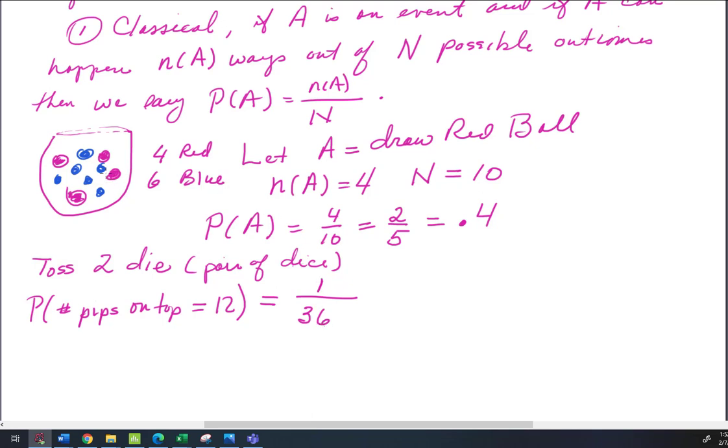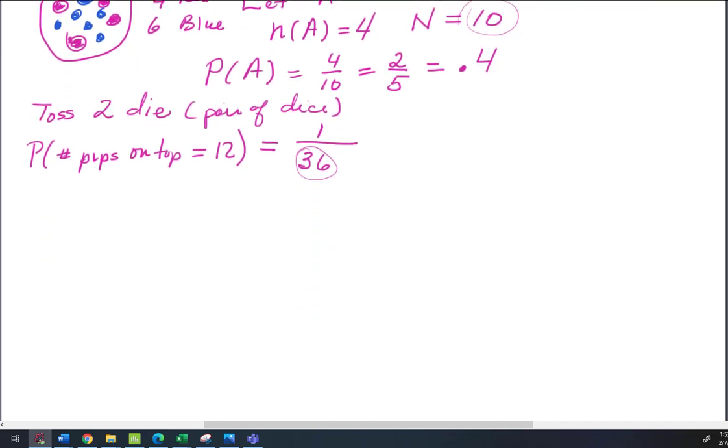And when I reach in and select a marble from this urn, an urn is a jar, I'm mixing them up and I'm not looking, so I'm as likely to get any one as any other. These 10 outcomes are equally likely, and these 36 outcomes are equally likely, and that's necessary if we're to use the classical definition of probability.